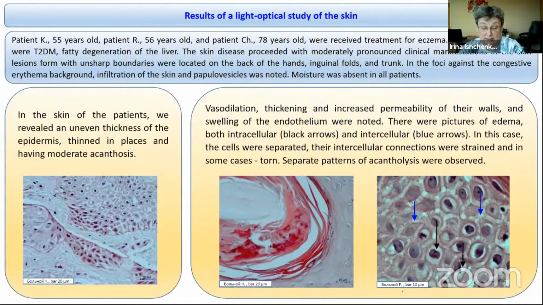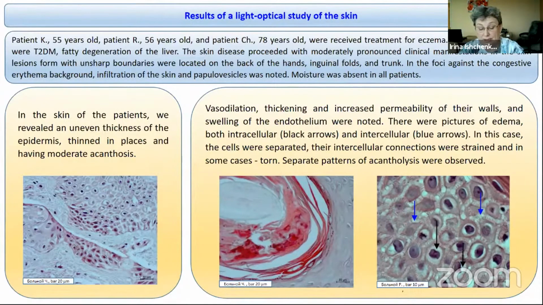About our results: all 3 patients received treatment for eczema; concomitant diseases were type 2 diabetes and fatty degeneration of the liver. The skin disease proceeded with moderately pronounced clinical manifestations.